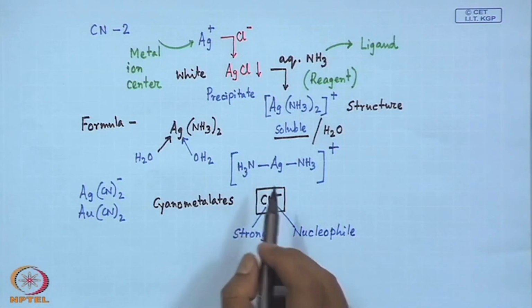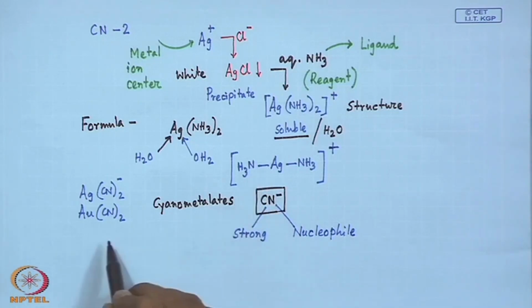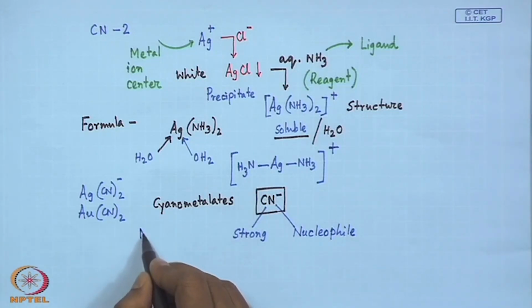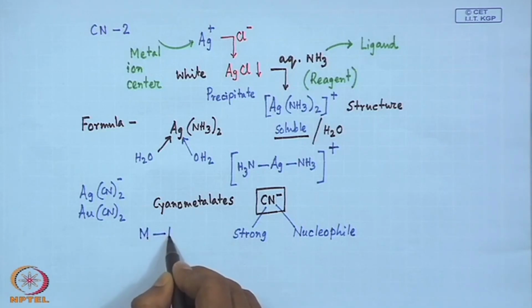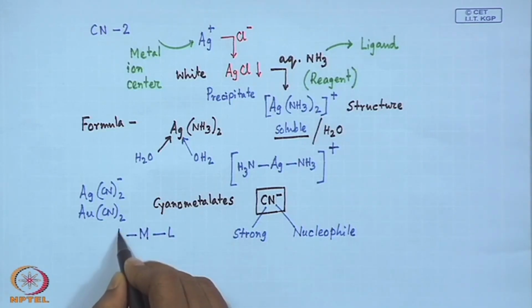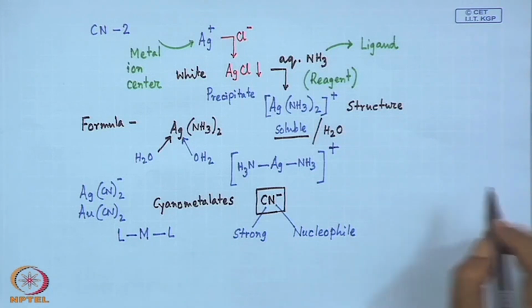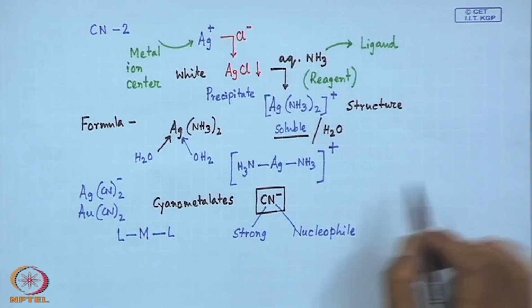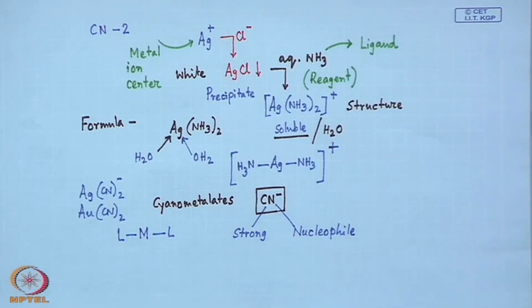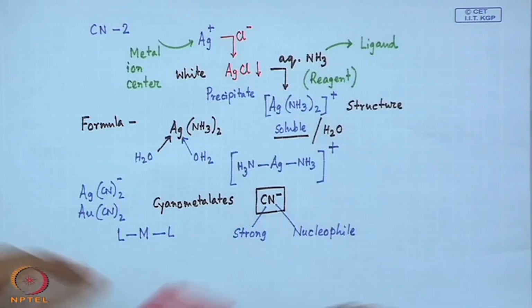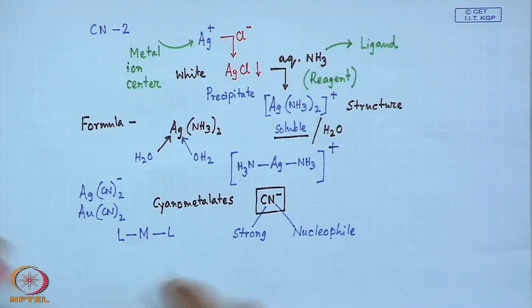So, similar to the binding of ammonia, it can also bind from 2 points. That means if we have M, we can have L from these two sides.